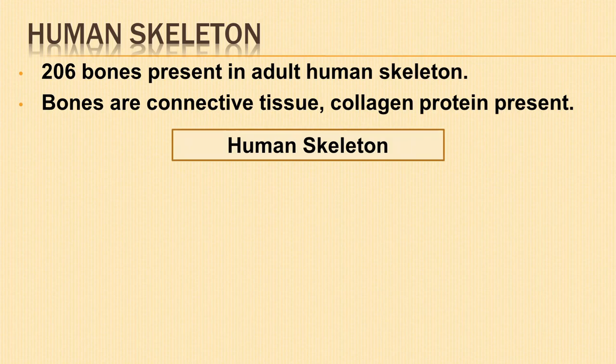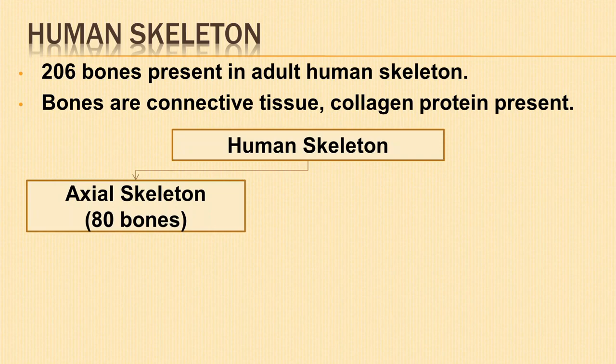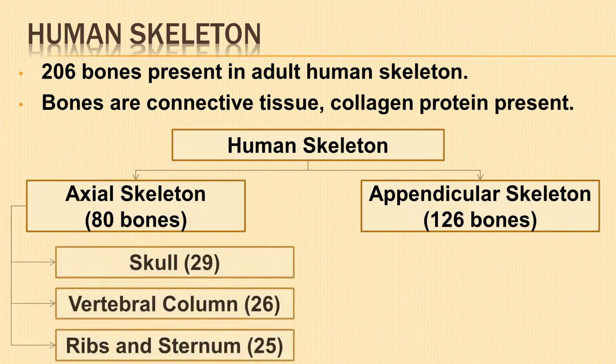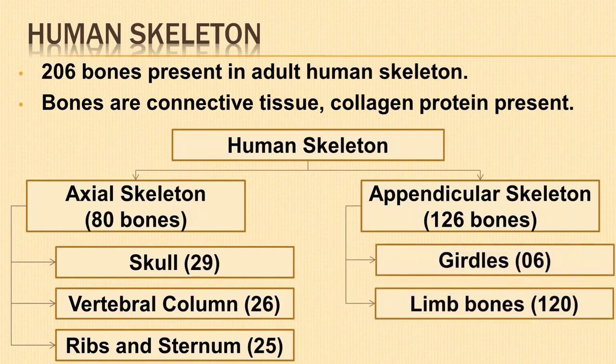The human skeleton can be studied under two different headings: axial skeleton, consisting of 80 bones, and appendicular skeleton, consisting of 126 bones. The skull, vertebral column, sternum and ribs, or the thoracic cage, constitute the axial skeleton. The bones of the limbs and the girdles constitute the appendicular skeleton.